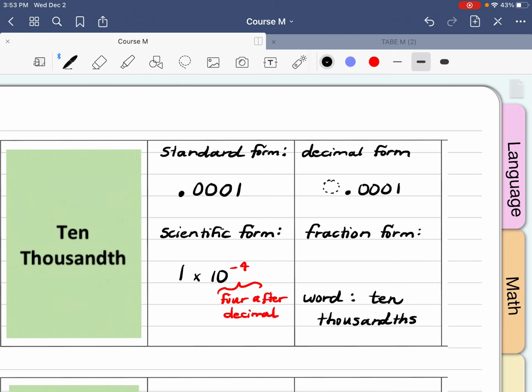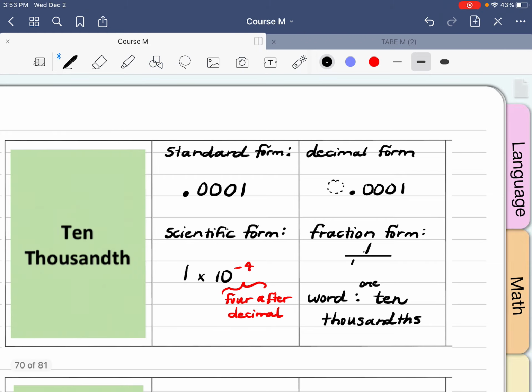But we have 1. I forgot to put my 1 in there. 1 10,000ths. So it's 1 over 10,000 in fraction form.